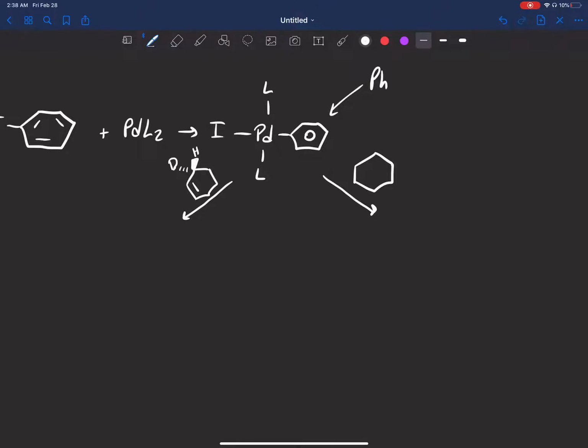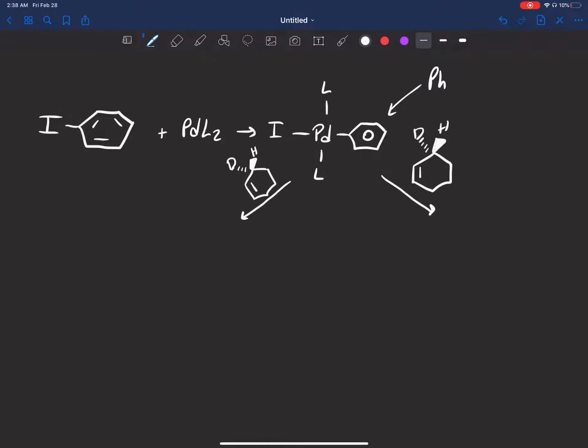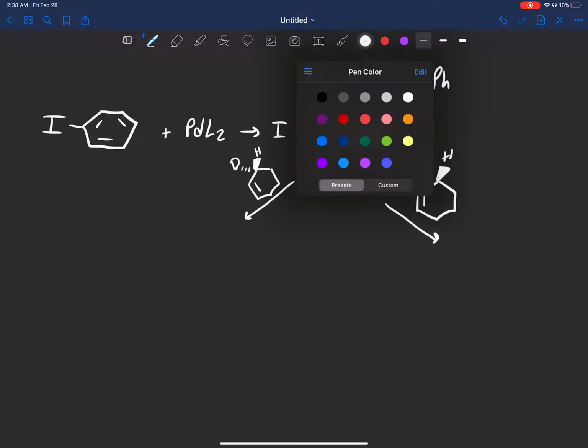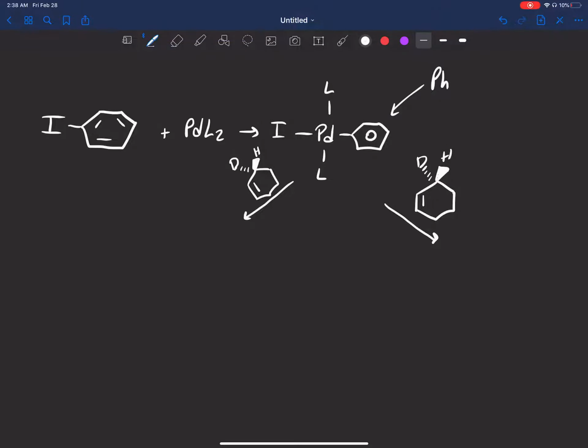The other alkene is going to have a wedged hydrogen again, and dashed deuterium. So we're actually just going to use the same alkene, and we're going to go through the various types of the stereochemistries.